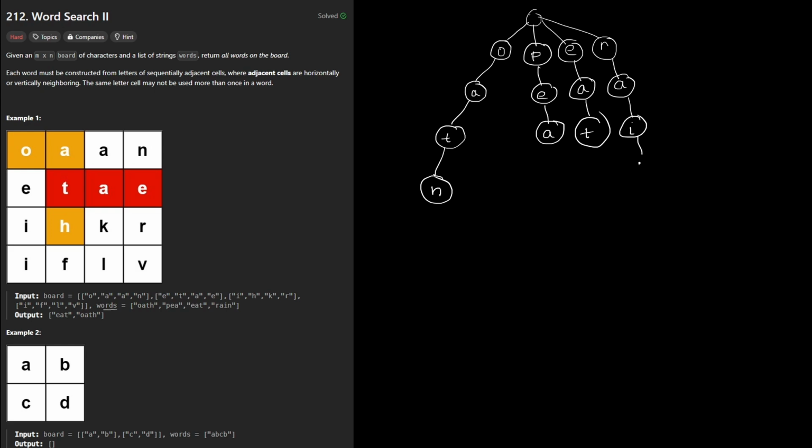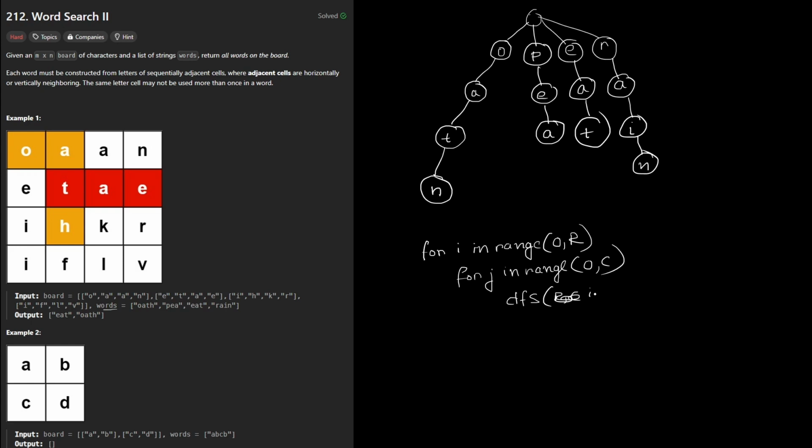So we can create R, A, I, and N. Now we are going to do a kind of a search, where we need two nested loops. Once we are at the 0th index, we can say for i in range 0 to the length of the rows, for j in range 0 to the columns, I can do a DFS search with i and j.